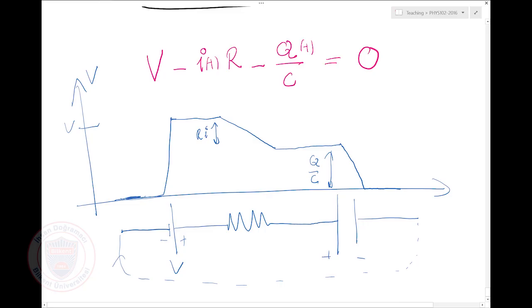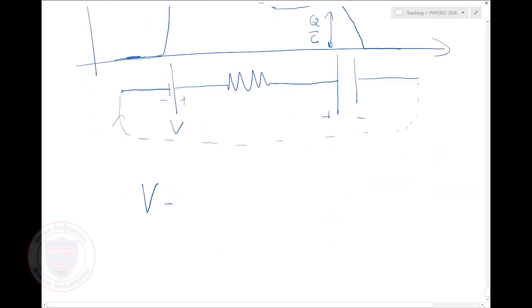And this distance is Q over C. That's my defining equation. So V minus I times R plus Q over C is 0.